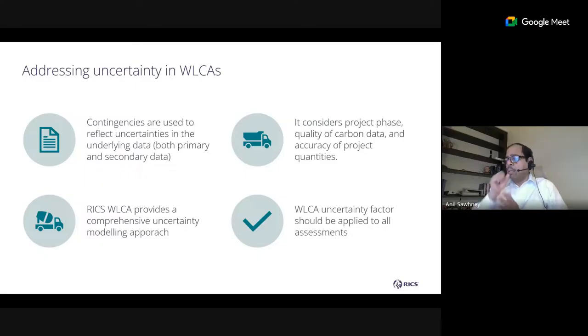If you're using industry averages, there is more uncertainty, so it assigns a different factor. Lastly, it also includes uncertainty in the primary data. If your bill of quantities is not very accurate, it's early stage, you don't have very detailed drawings, and you've taken some assumptions and done some high level estimation, then the model applies uncertainty for that as well. The WLCA uncertainty factor, as per the RICS standard, should be applied to all standards.